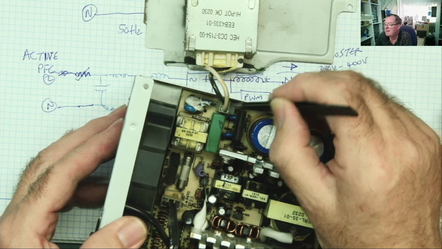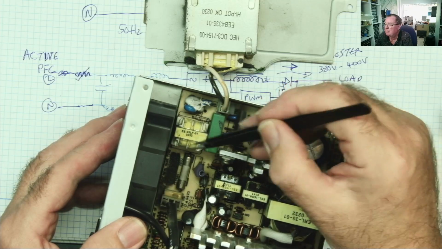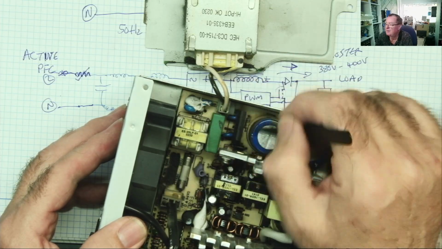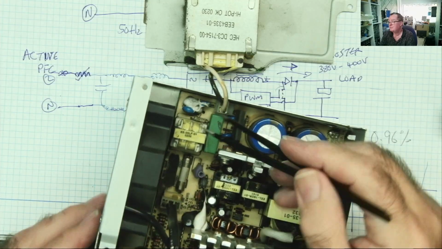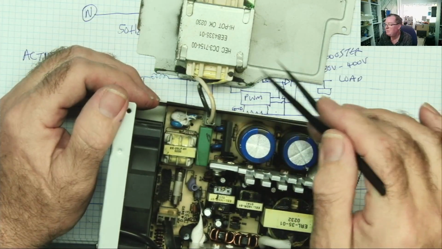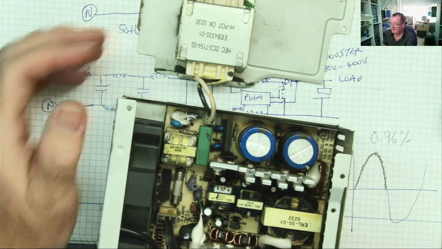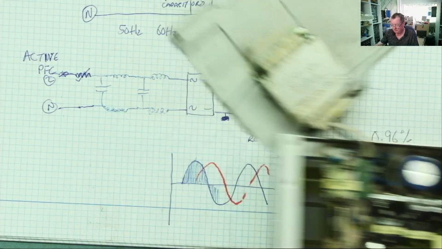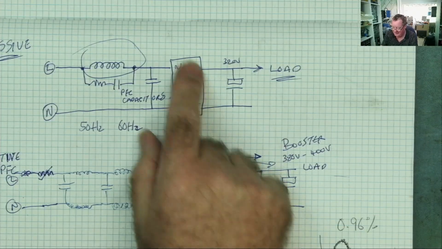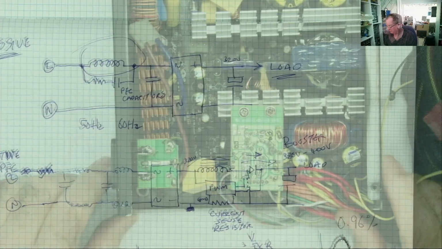These are basically there to get rid of any voltage spikes and surges on the mains, okay? So that is what a passive PFC looks like, and you see all this is before the bridge rectifier, which is how I drew it here.